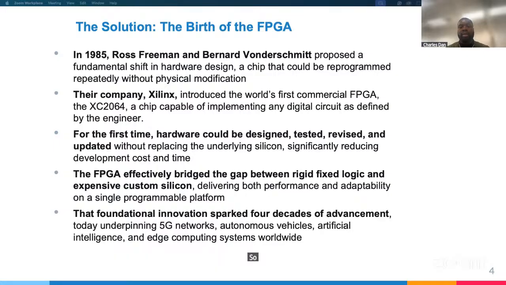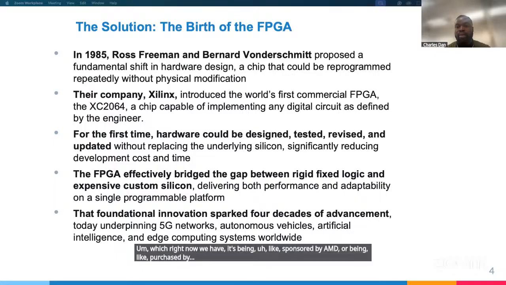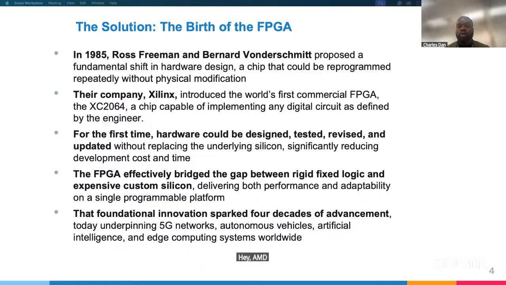They formed their company, Xilinx, which is now owned by AMD, having been purchased by AMD. Xilinx introduced the first chip, the XC2064. For the first time, they had hardware that could be reconfigured and rewired in the circuit.